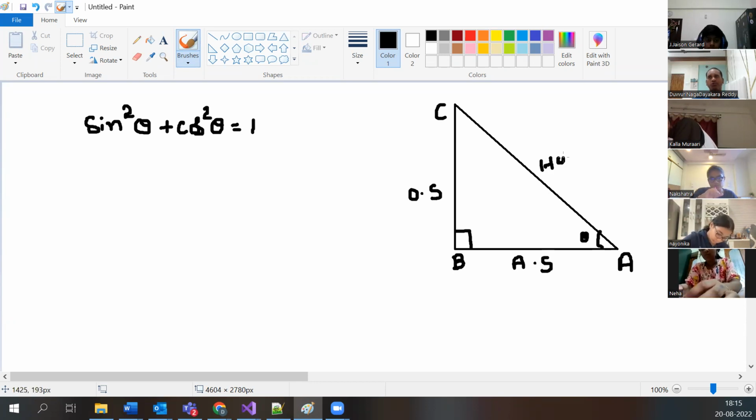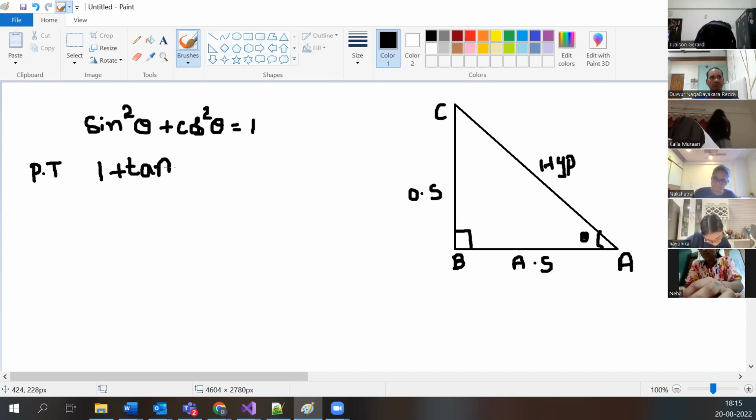Today we are going to prove two more identities. We can say 1 plus tan square theta equals secant square theta, or we can say secant square theta minus tan square theta equals 1. Please note down, prove that 1 plus tan square theta equals secant square theta.